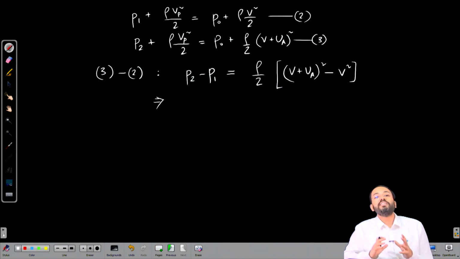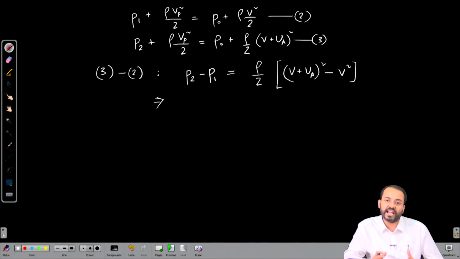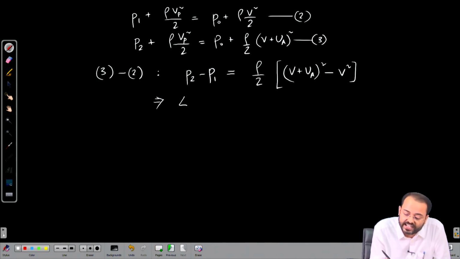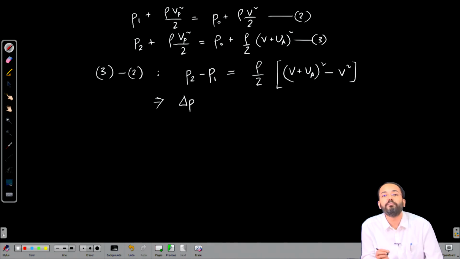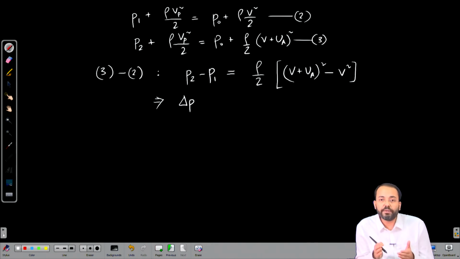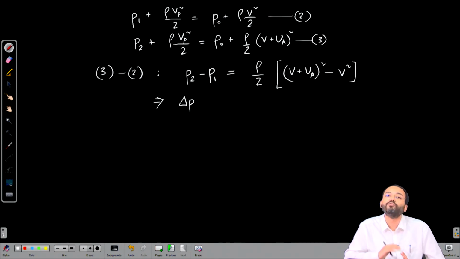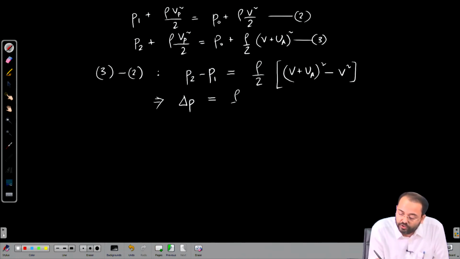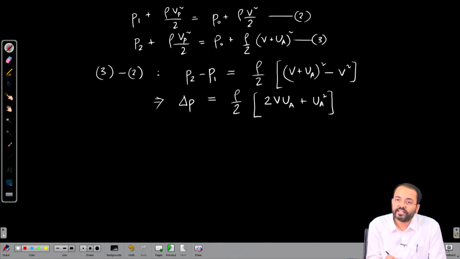P2 was the pressure just behind the propeller disc and P1 was the pressure just ahead, and because the disc is providing a pressure jump, we can write it as delta P, the pressure jump created by the disc. We have to remember that in axial momentum theory we are assuming that this pressure jump as well as the velocity is uniformly distributed over the disc. So, delta P is rho by 2 times (2 V UA plus UA square).